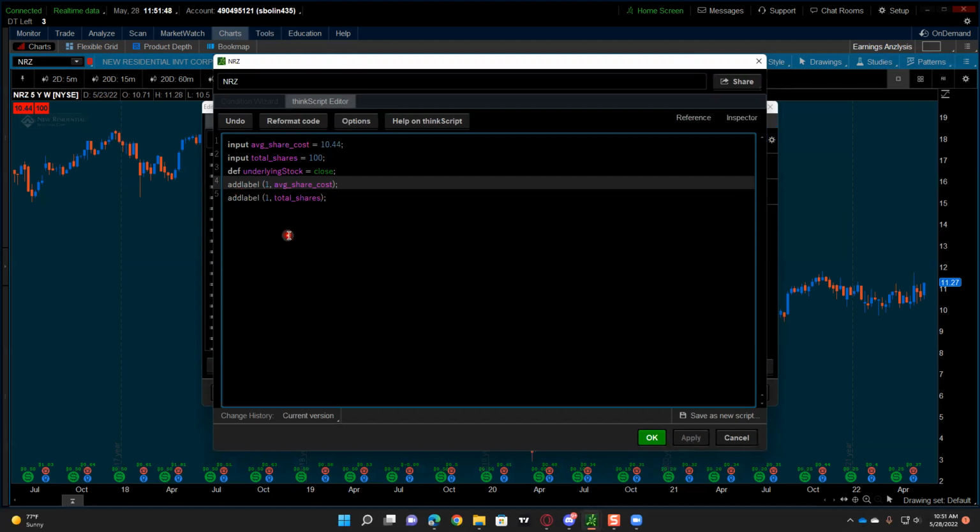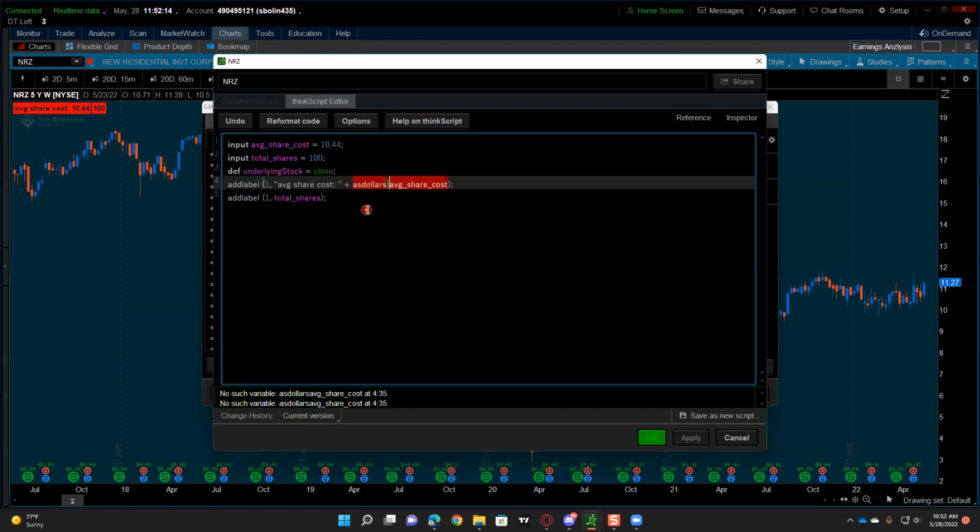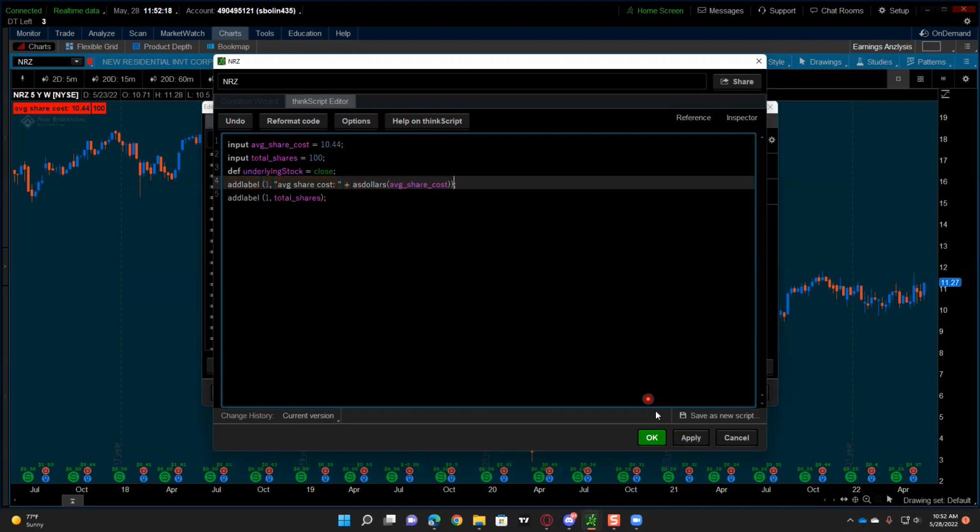Well, let's put a little more information in there. So now it actually says the words average share cost, and now we've got a dollar sign too.